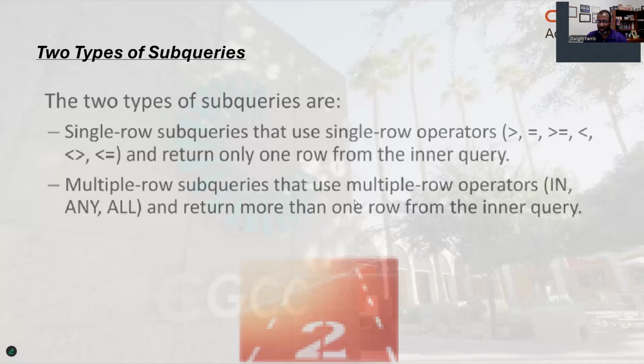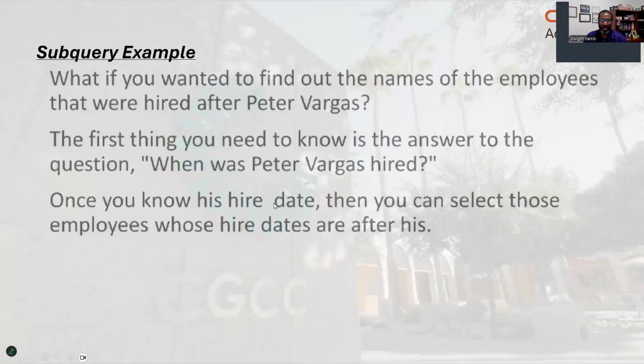All right. So what if you wanted to find out the names of the employees that were hired after Peter Vargas in our little database? The first thing you need to know is the answer to the question, when was Peter Vargas hired? Once you know this hire date, then you can select those employees whose hire dates are after his. Pretty straightforward.